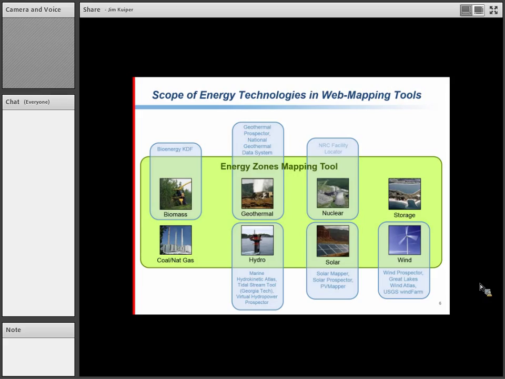On the lower right, Wind Prospector, the Great Lakes Wind Atlas, and USGS Wind Farm each are useful websites for wind energy. This is by no means comprehensive. There are literally dozens of websites, interactive web-based mapping applications to study energy and environment and the same topics that we have in this tool.